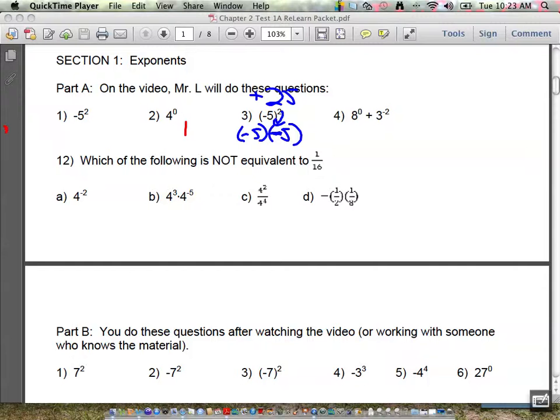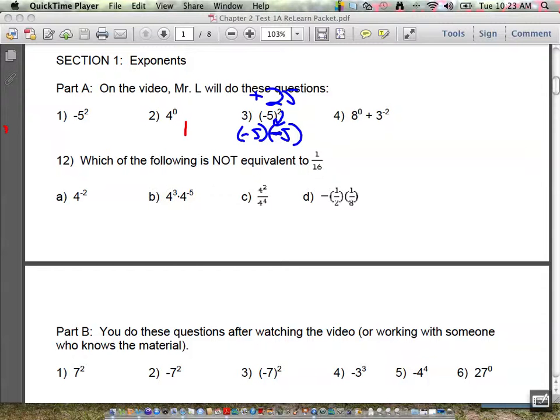Okay? Now, number 1 does not say -5 times -5. Everybody say that with me, please. -5 does not say. Say it with a little soul. -5 does not say.